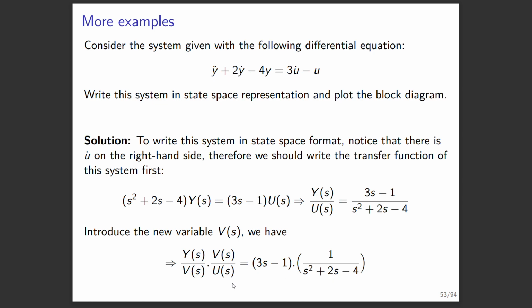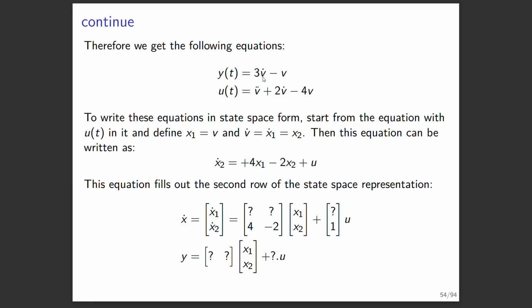Then I write down the differential equation based on u and v. So I'm going to have these two equations. Notice that I don't have any u dots or y dots, I only have v dots. Now I want to label my variables. So this is my first differential equation, this is the second differential equation.